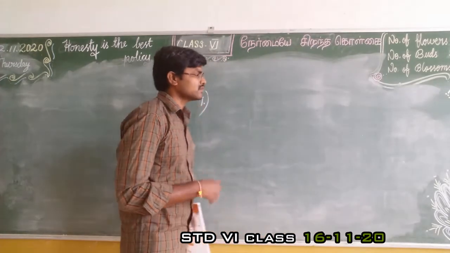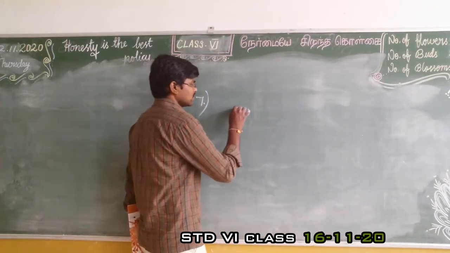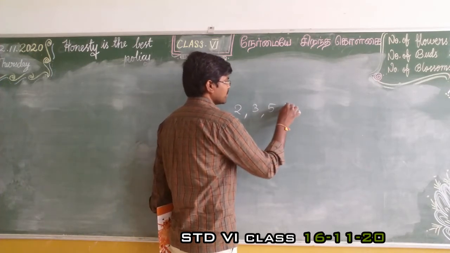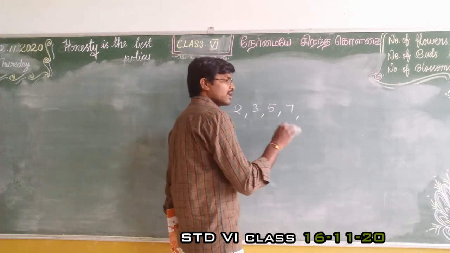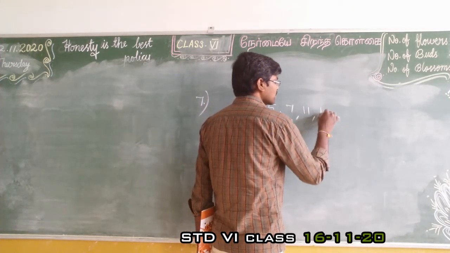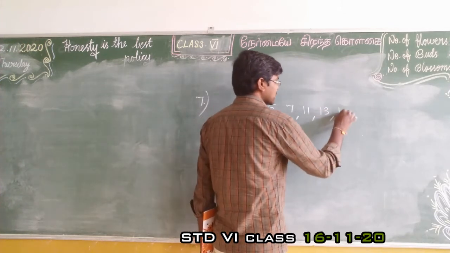Every odd number is a prime number. So we simply write the prime numbers, starting from 2, 3, 5, 7, 11, 13, 17, and so on.